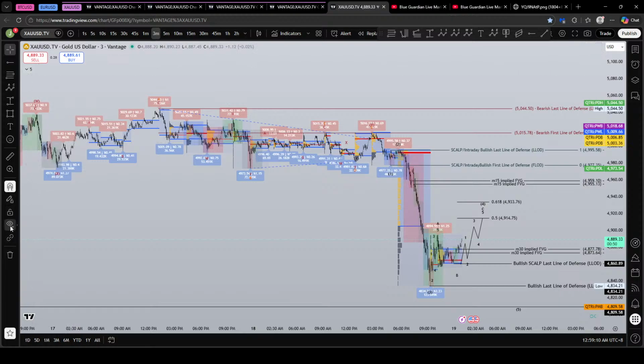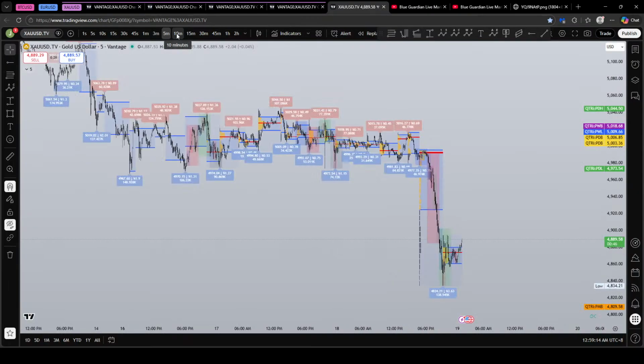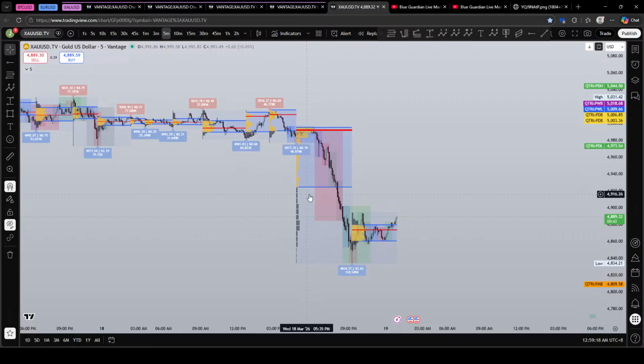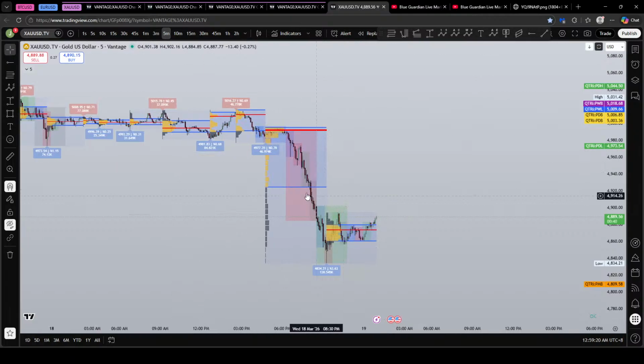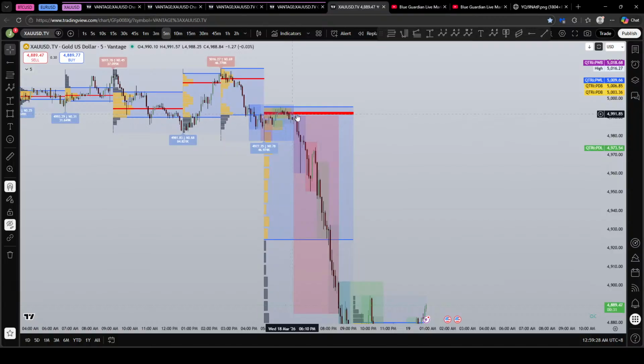Let me just hide the labels first. As you can see here, in the 5 minutes time frame, the point of control before the drop is here.